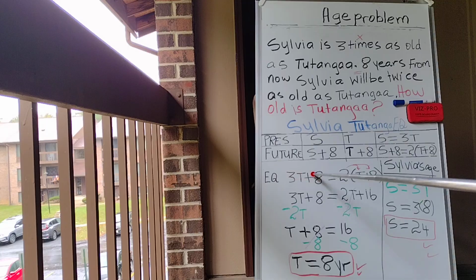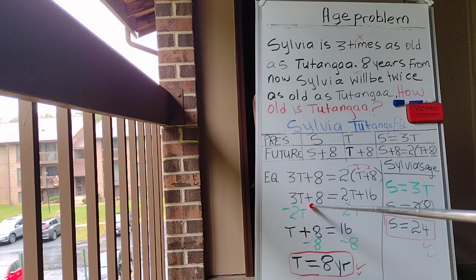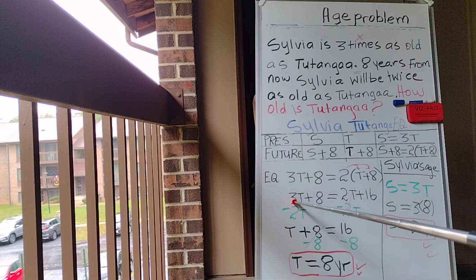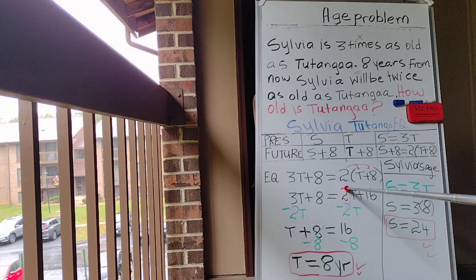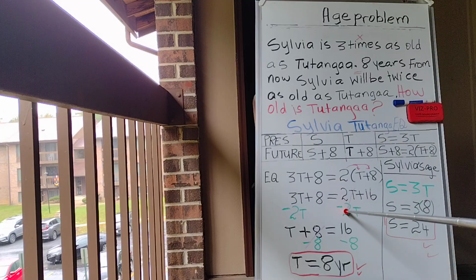On this side, we bring 3t plus 8 down here, and now we have to transpose the 2t, or take 2t to the left side. Now that one is positive and this one is negative, so of course they cancel each other.